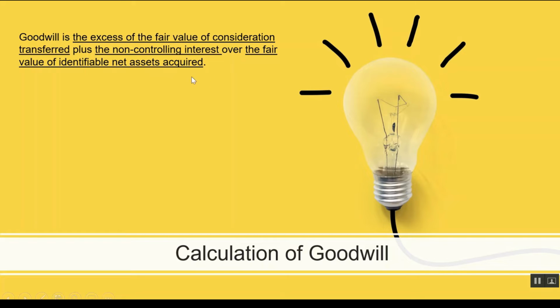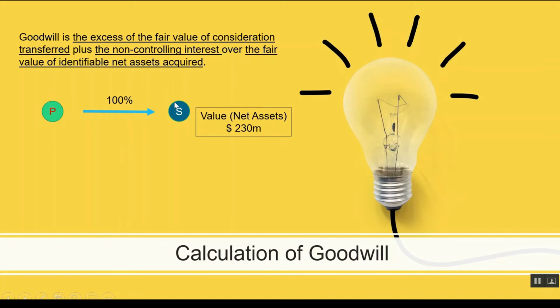So what does this mean? Let's assume a company P has acquired 100% of the shares of company S. At the time of acquisition, the value of company S, or its net assets, was 230 million.